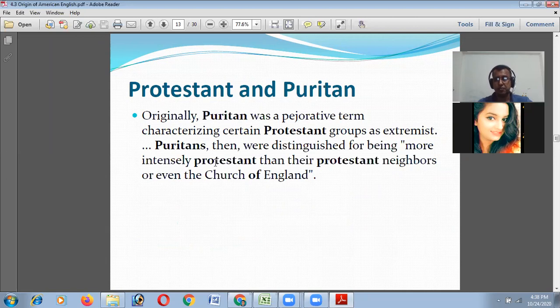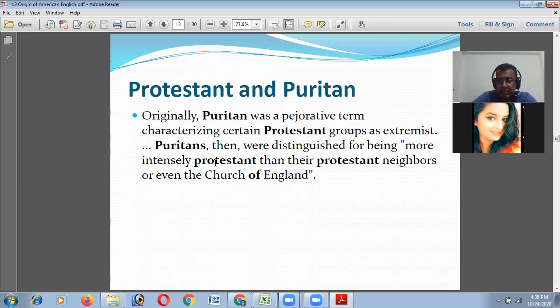From the Protestant group, some are very much dogmatic in their ideals, and they want to purify Catholicism with their Protestant dogmatic idea of Christianity. These are called Puritans. So at the time of Queen Elizabeth, Queen Mary, these Puritans were persecuted.